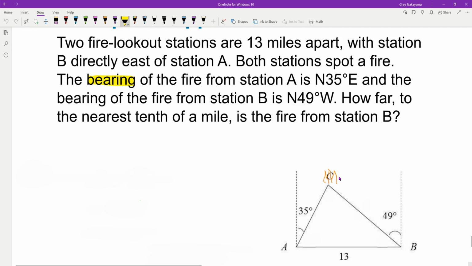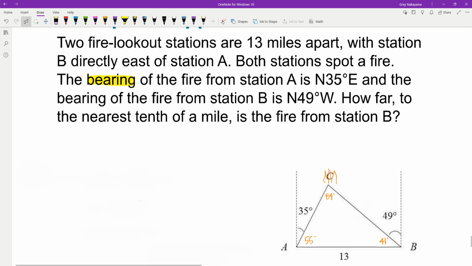So 90 minus 35 is 55, and 90 minus 49 is 41. Before I go to the question, I'm going to find that top angle. They all have to add up to 180, so 55 plus 41 subtracted from 180 leaves me with 84.